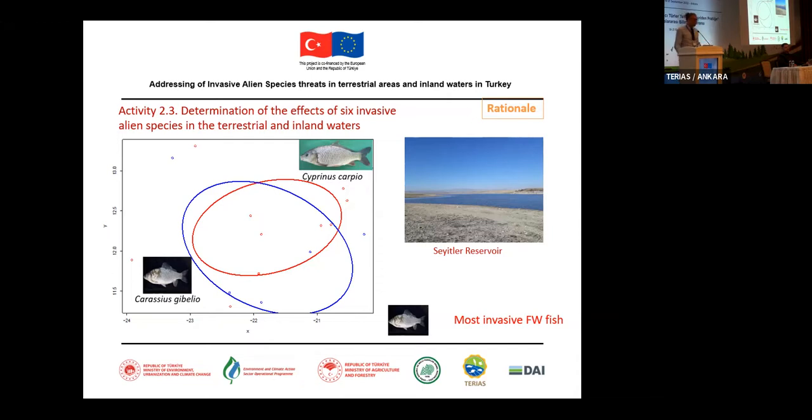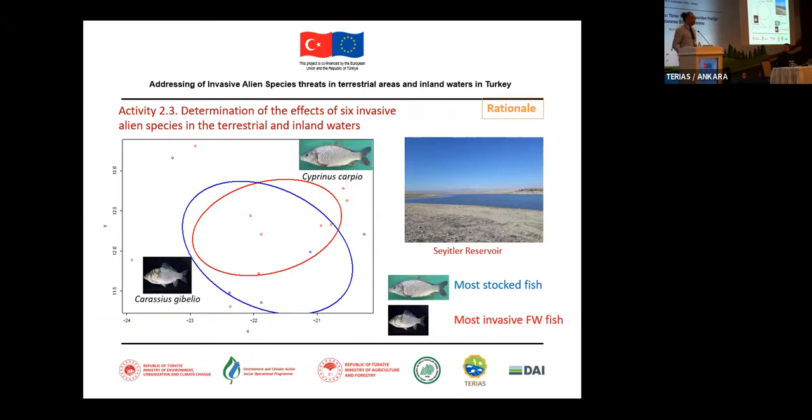But in our case study, we found that among the other fish species, this is the only one that overlaps trophic niche in this reservoir, which is our pilot study area. Like I said, common carp is the most stocked fish in Turkey.